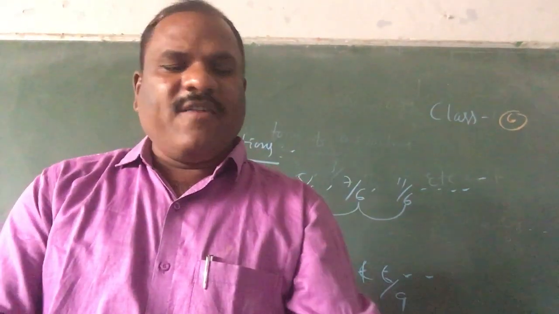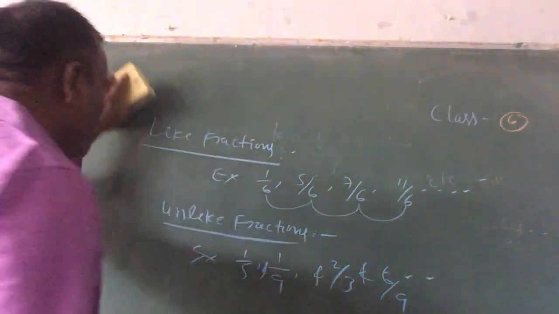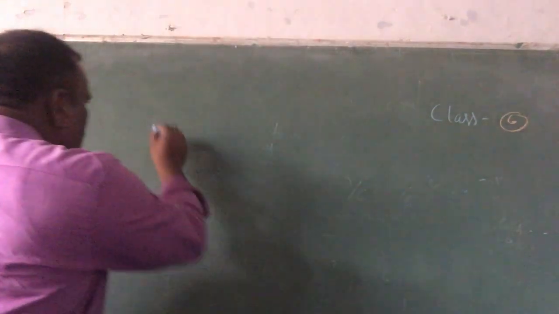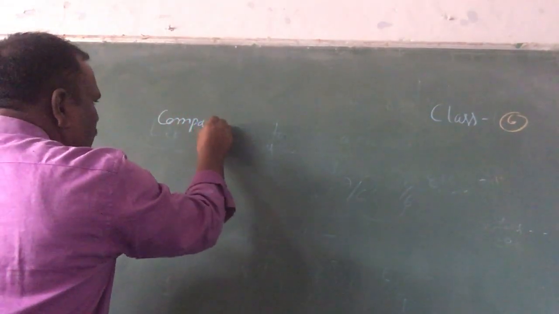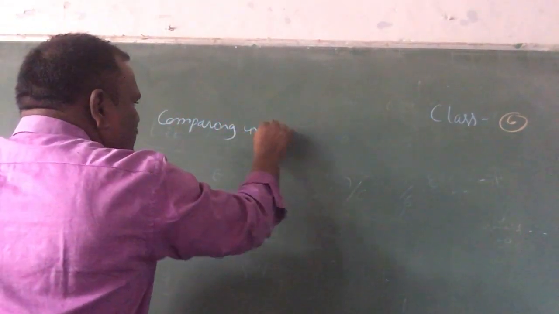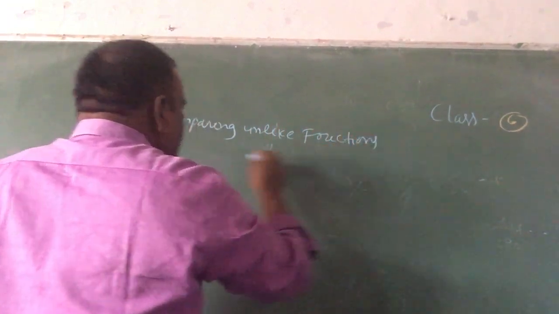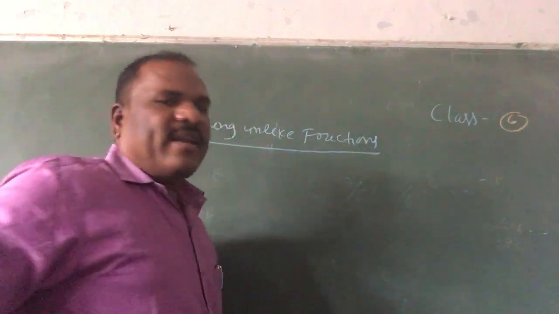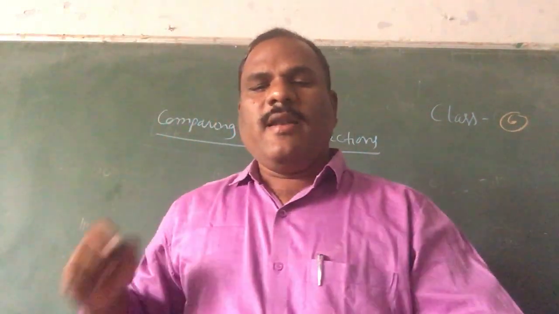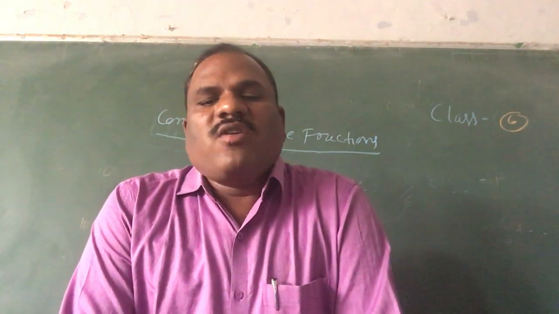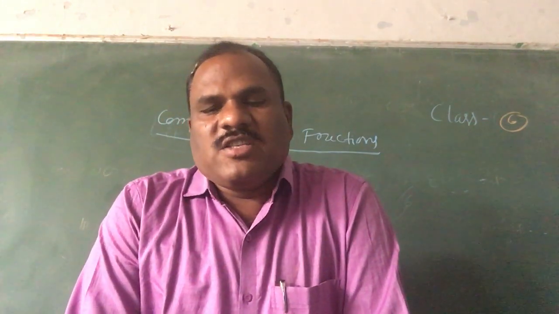Now comparing unlike fractions. Children, to compare unlike fractions, we have to convert them to equivalent like fractions first.